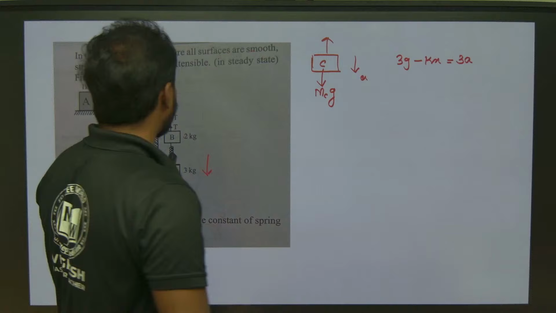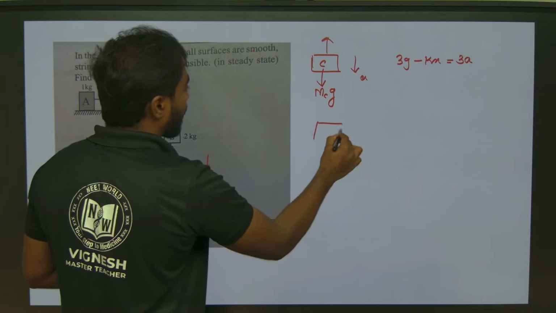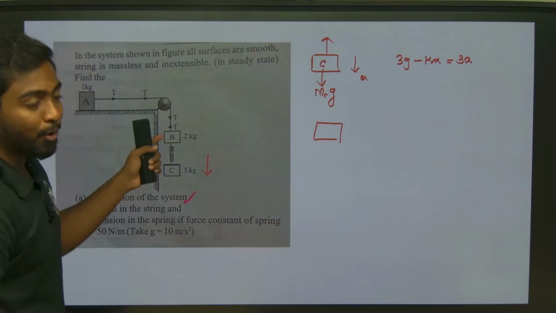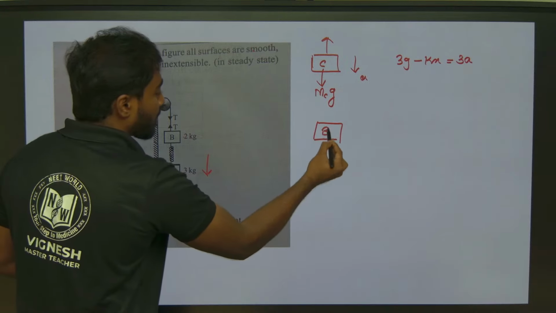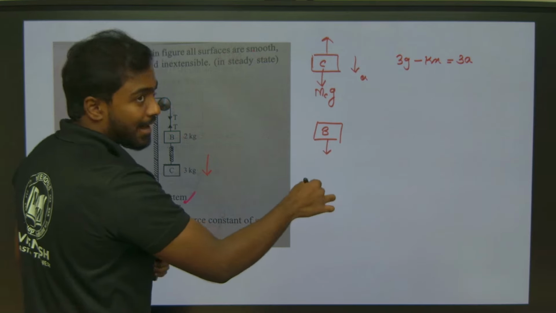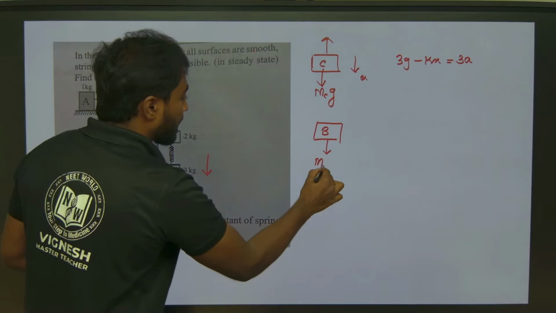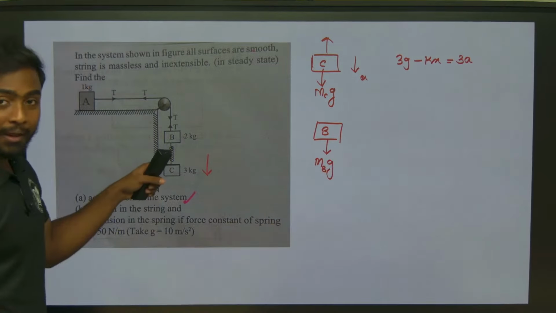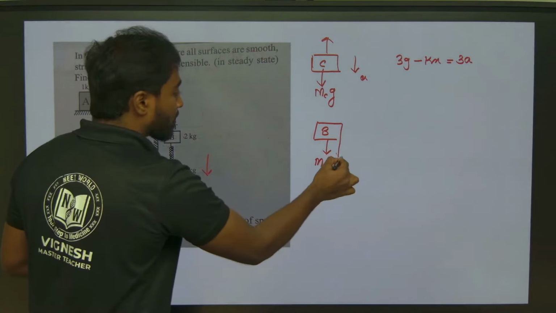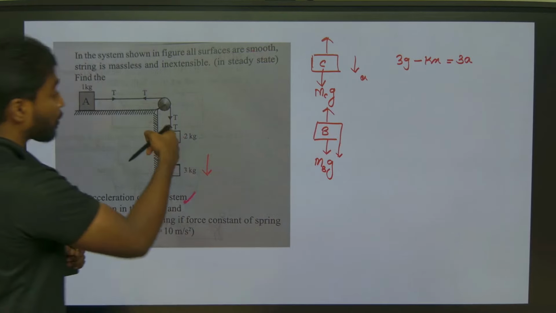Now what does block B have? Block B has a mass m_B and gravity, that is weight, so m_B g, and a spring force towards down, and tension towards up.